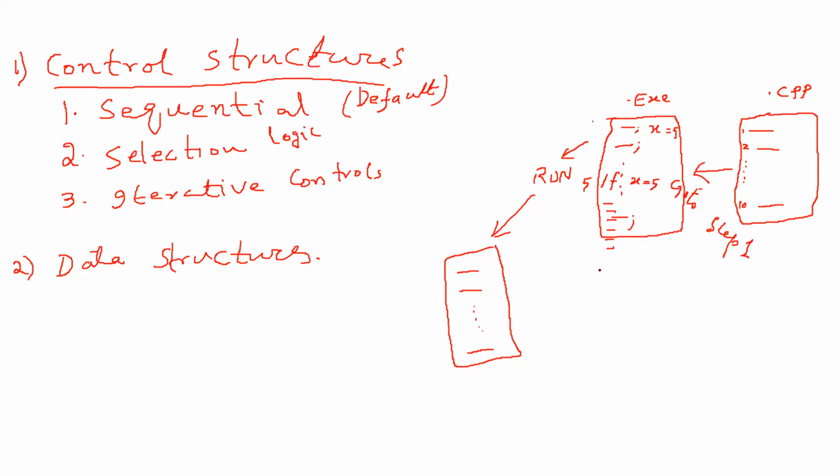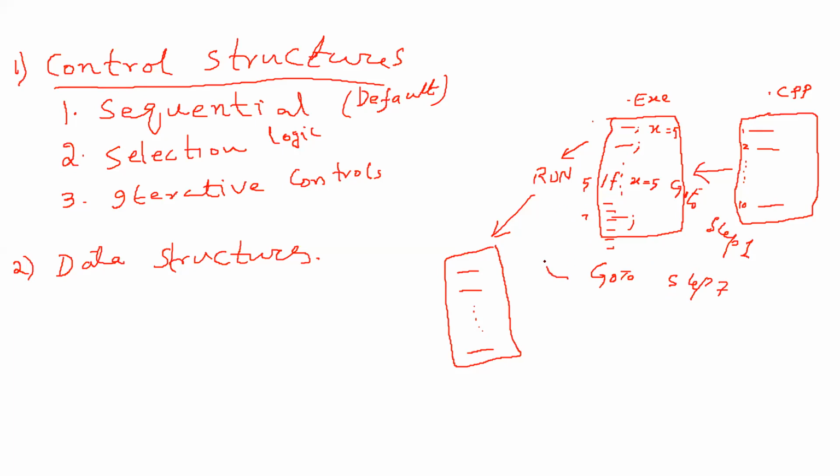But suppose at the last line I write: go to step 7. When the last line is executed, the control will move to line number 7, and all of the lines from 7 to the last line will be executed again.